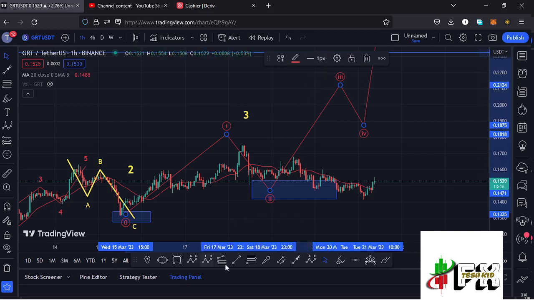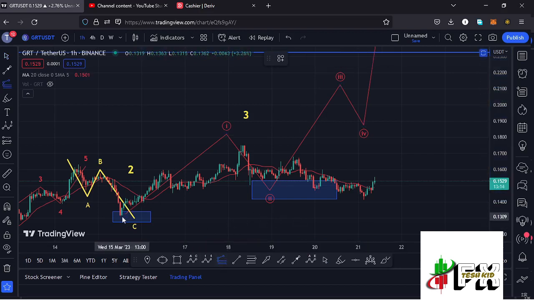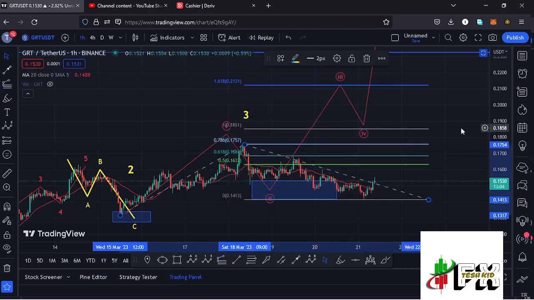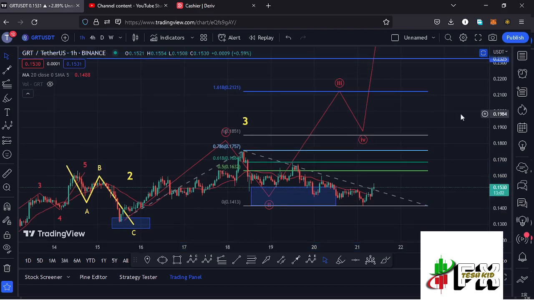Sketching out a target area to the upper side in the formation of that wave 3 by connecting the trend-based Fibonacci from the low of the first wave to the high of that wave 1, then dragging the Fibs to the low of the second wave, that now gives me a minimum target area to the upper side in the formation of that wave 3 at the Fib level 1.618, and that is at around the $0.2121 mark, and that is the minimum that I'm expecting GRT to do here on the short-term scenarios in the formation of this wave 3.